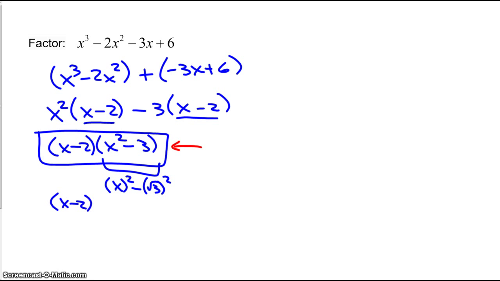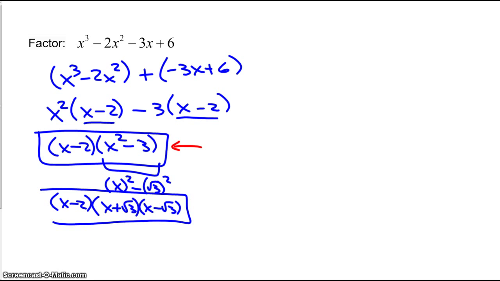You have x minus 2, and then you have a plus b times a minus b. This is actually fully factored, but depending on your class and your teacher, we might want you to stop at this level. But for especially advanced students, you may want to know that it is possible to take that right term, because it's a difference of squares, even though you have to get to a square root. It is possible to factor further.